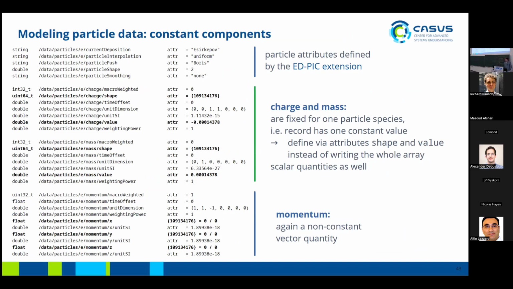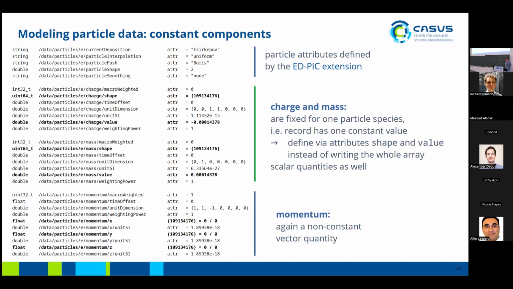Instead, for those kind of use cases where you have a value that you want to specify as a mesh or as a record or as a particle component, you can do that by an alternative representation which just stores the size of the dataset, here in this case as an attribute named shape with value 109 million, and then store the value once, and it's interpreted as being an array of 109 million times that value. We will see that in the upcoming exercise.